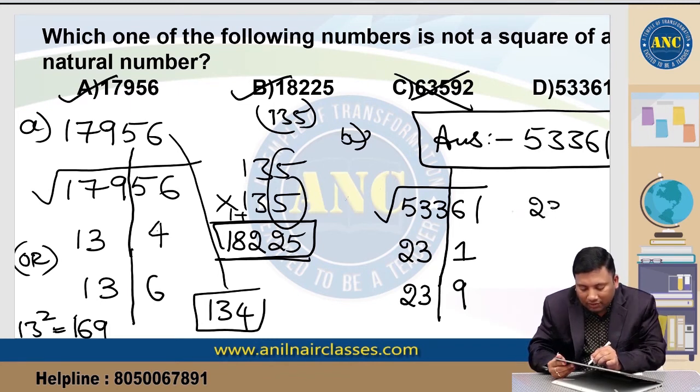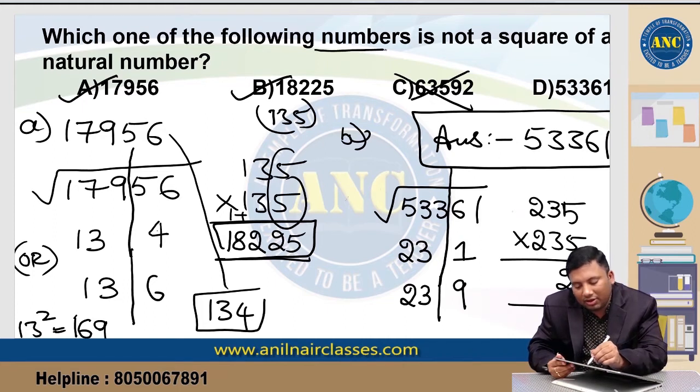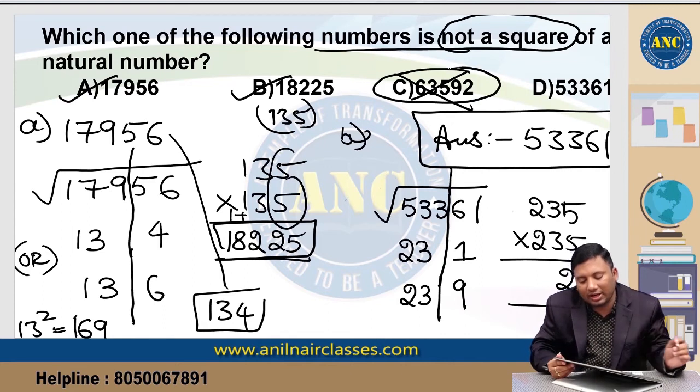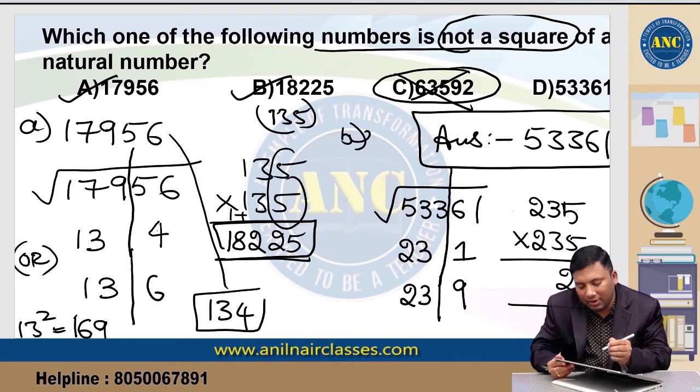Suppose 231 whole squared. 235 let us do. 235 into 235: 5 fives are 25. Why are we doing all this? Which of the following is not a square? Not a square means only one logic, right? We are unnecessarily wasting our time doing this.